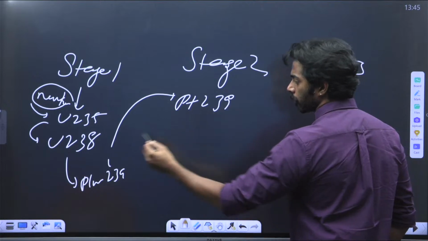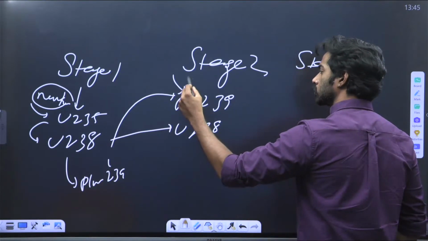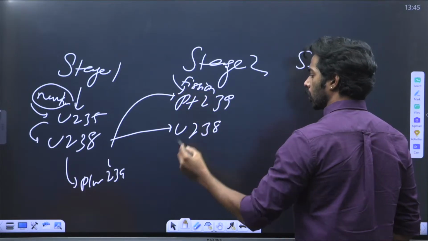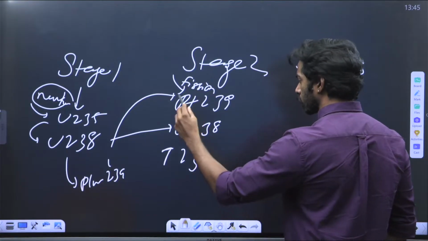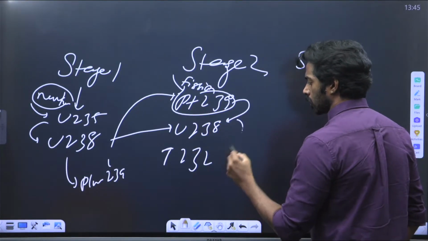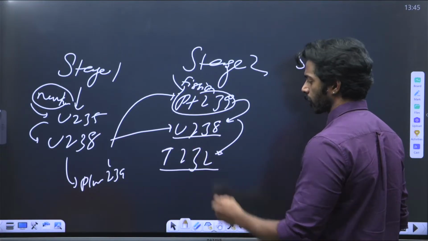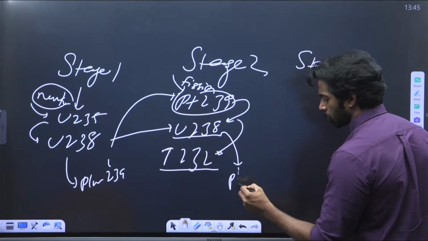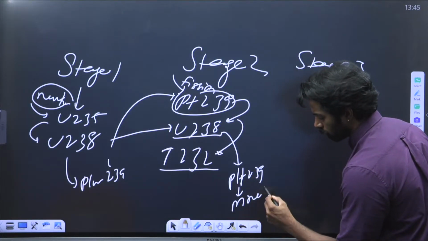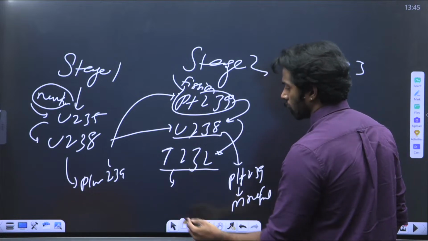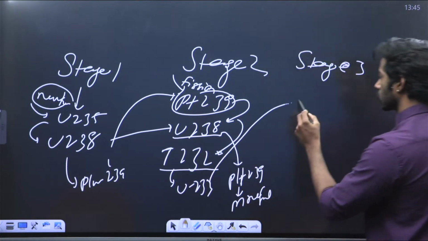Plutonium-239 and the leftover uranium-238 are used in stage 2, where plutonium-239 undergoes fission, and we will also have thorium-232. When it undergoes fission, it releases neutrons, right? And the neutrons are absorbed by both uranium-238 and thorium-232, where uranium-238 produces plutonium-239, meaning it is producing more fuel. And the thorium-232 absorbs the neutrons and becomes uranium-233, which is then used in stage 3.